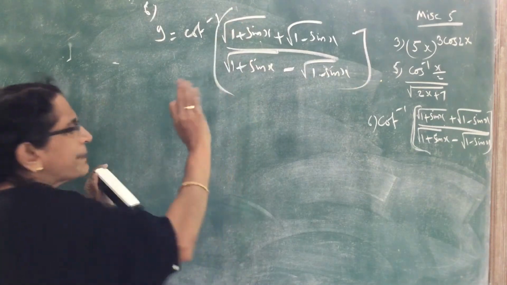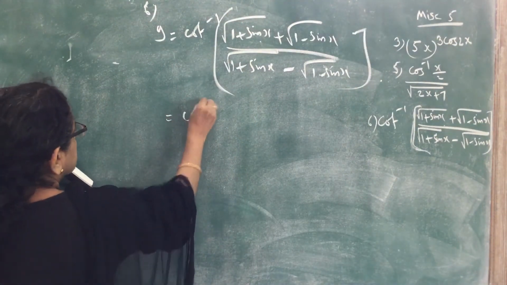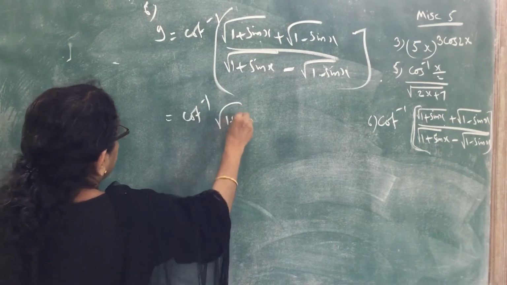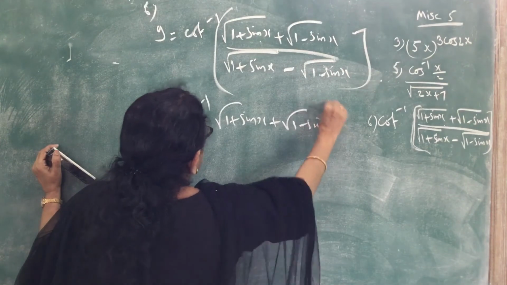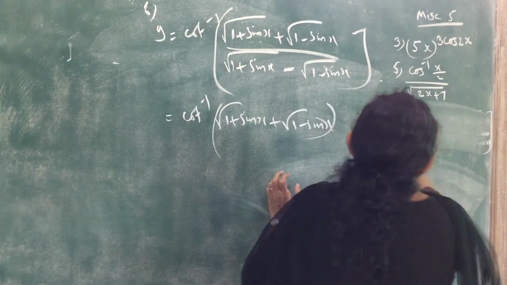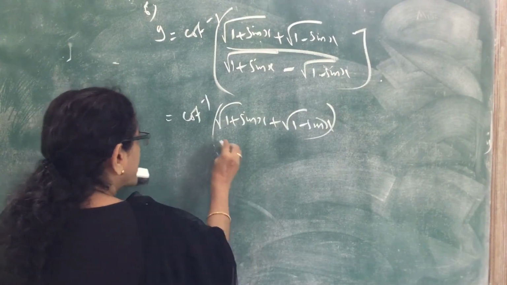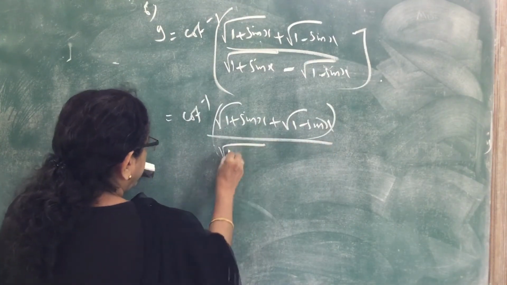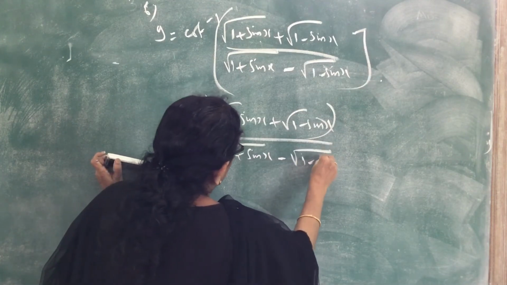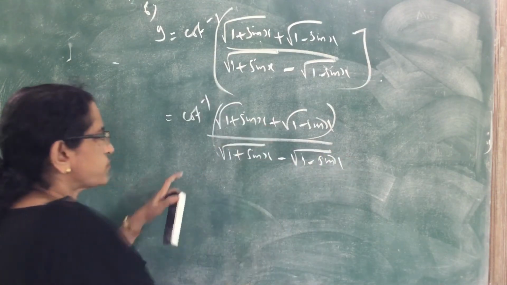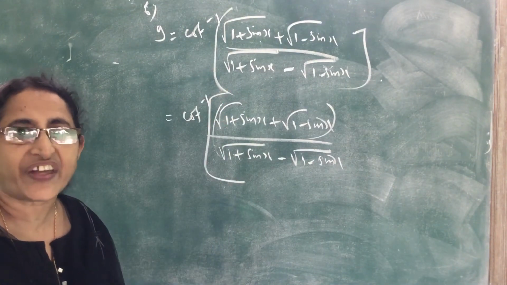Inside the bracket, we have to multiply numerator and denominator by the conjugate, that is root of 1 plus sin x plus root of 1 minus sin x. So inside the bracket, we multiply by the conjugate of the denominator.